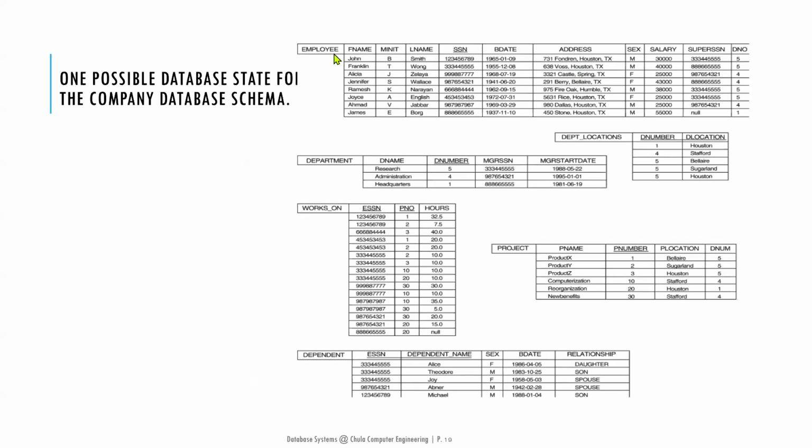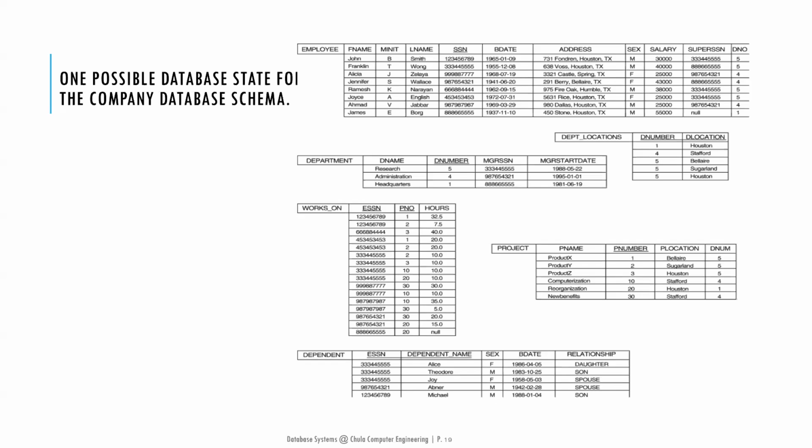So we say that at this particular snapshot, we have the employee relation with these particular data. So these are the instances within the database. We can also call this a possible database state. Now, if you are using the database and you enter a new employee, then the snapshot, or the instance or state, will be different.